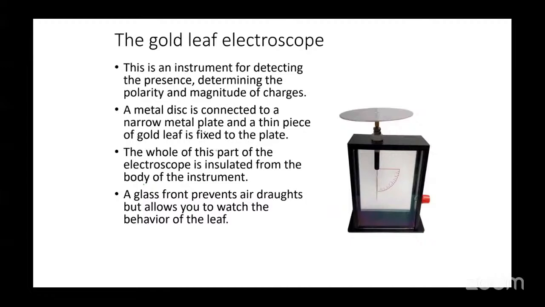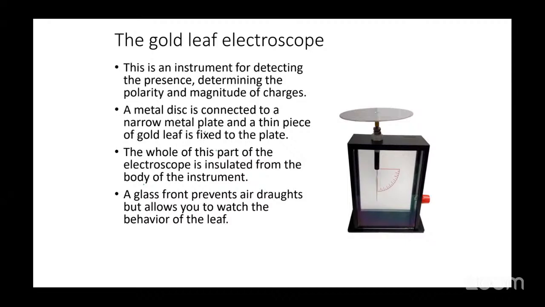So, the gold leaf electroscope. The gold leaf electroscope is an instrument for detecting the presence of a charge, also used to determine the polarity and the magnitude of charges. So if I want to know if there are charges somewhere in a particular environment, the gold leaf electroscope is an instrument that can tell us that there are charges here or not.